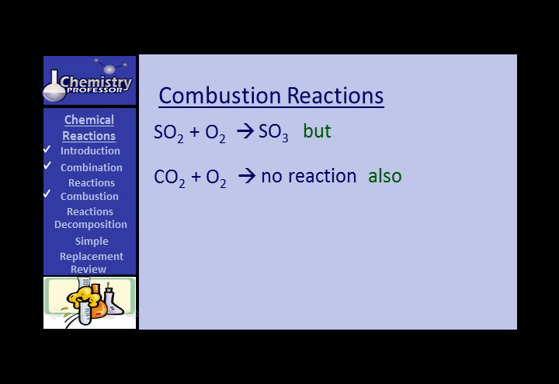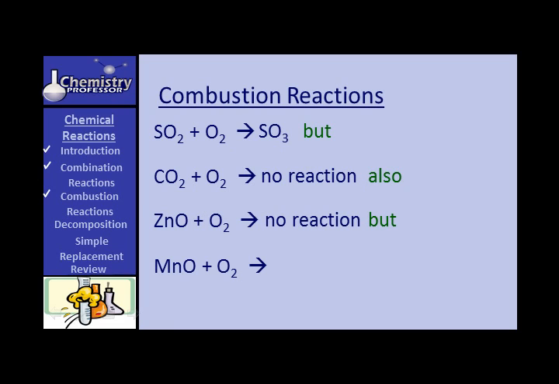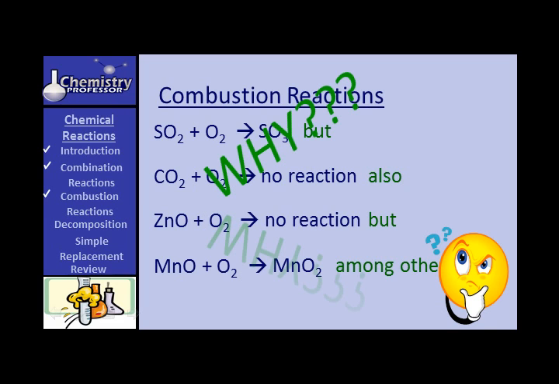Also, if you look at this one, zinc oxide plus oxygen, that likewise gives us no reaction. However, manganese oxide plus oxygen produces MnO2, among other things. How do you know? Why does it work this way?